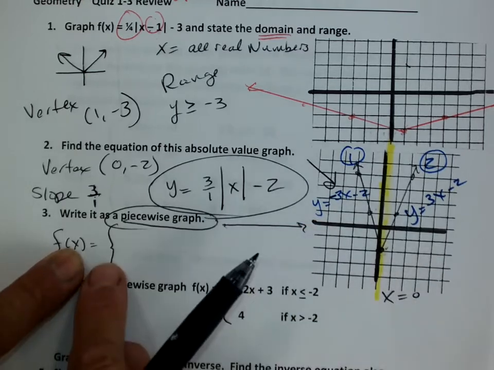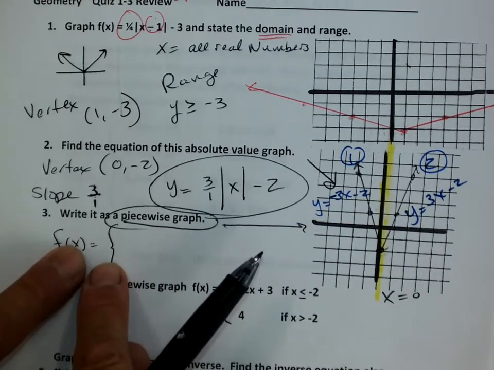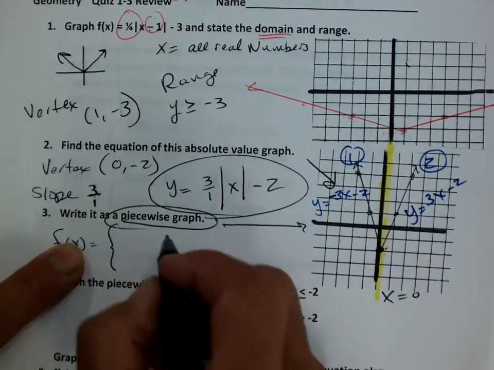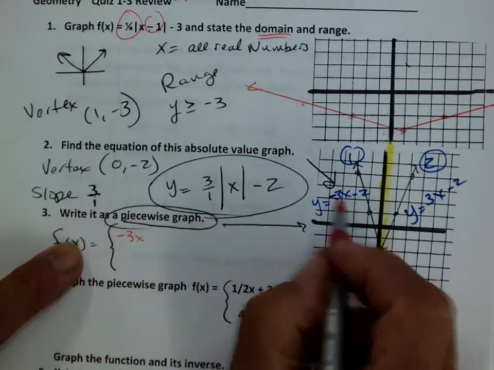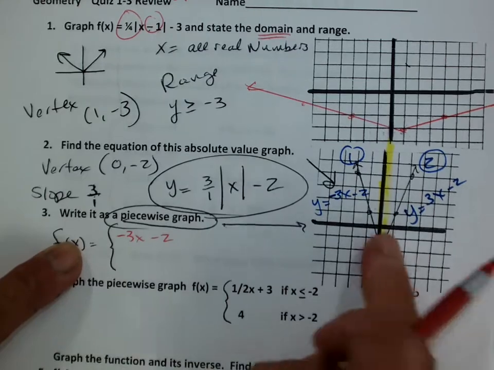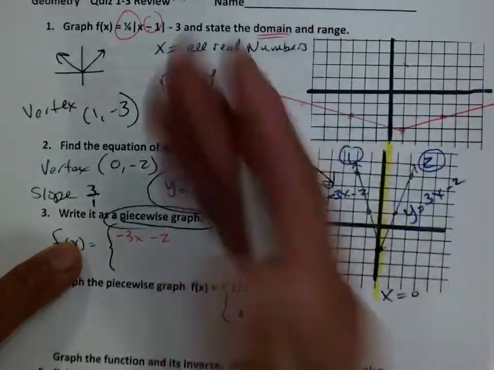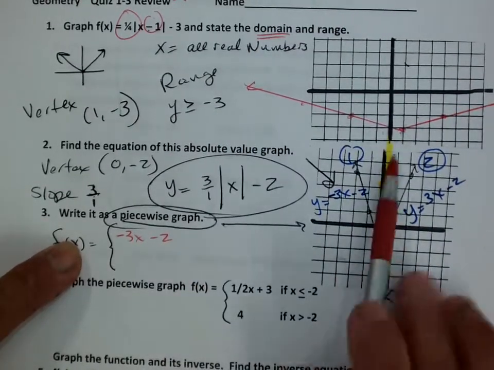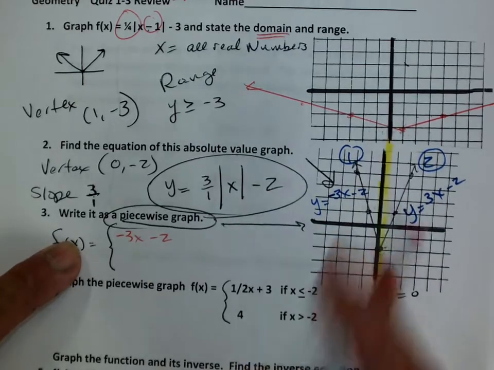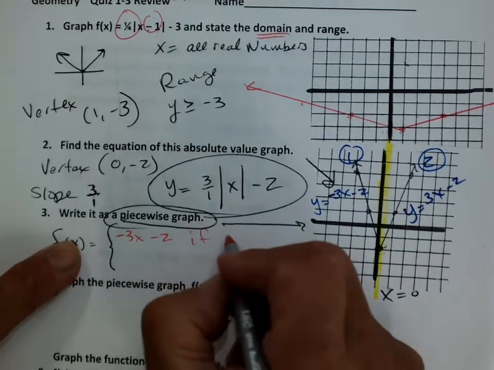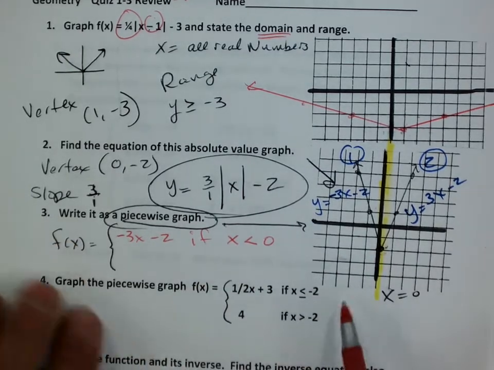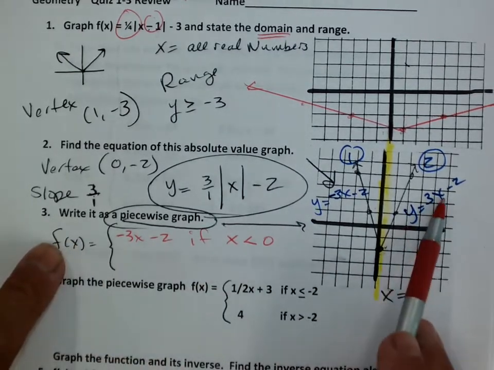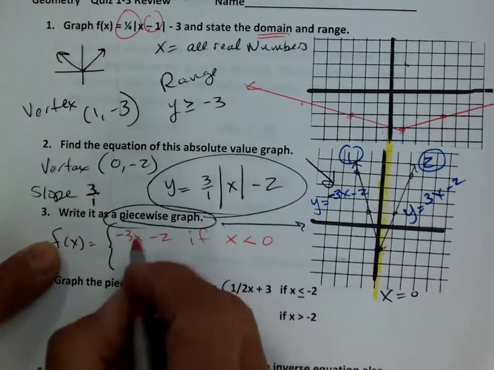So the first graph is f of x equals -3x -2. But that's if, it only exists over here, right? From the borderline, it doesn't go over here. It goes from 0 back. That's if x is less than 0. The other graph, f of x or y, same thing, is 3x -2.